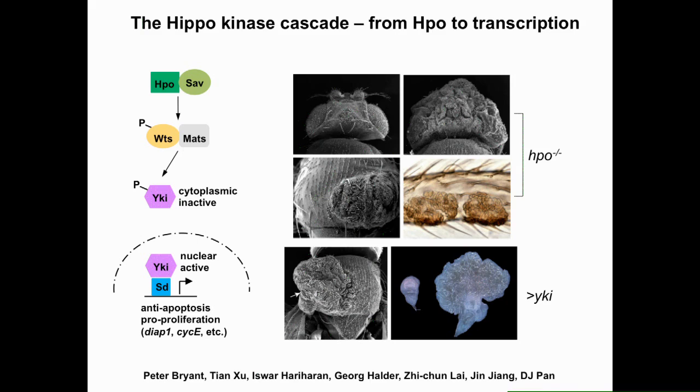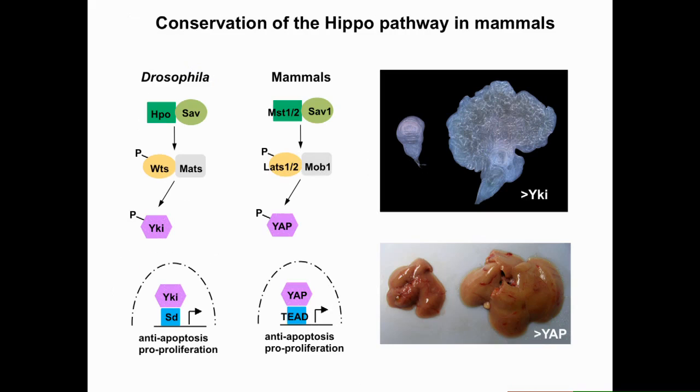The work in the last few years really demonstrated that the Hippo pathway is highly conserved between flies and mammals. Now we take it for granted, but I think it speaks to this long-standing theme in fly research, where a pathway is discovered in fly and now turns out to be conserved in mammals, and Hippo is just one of those examples.